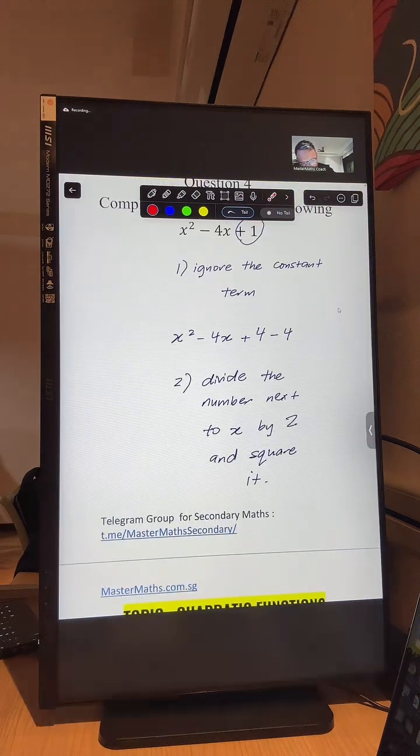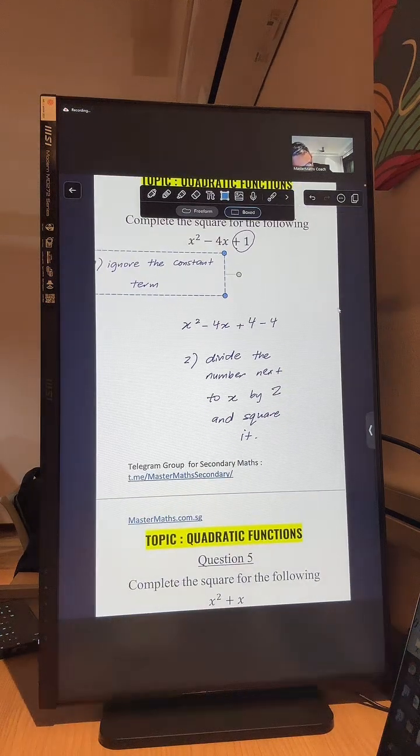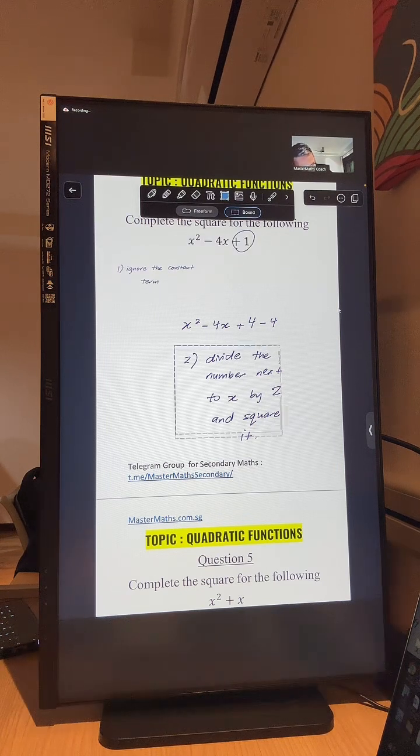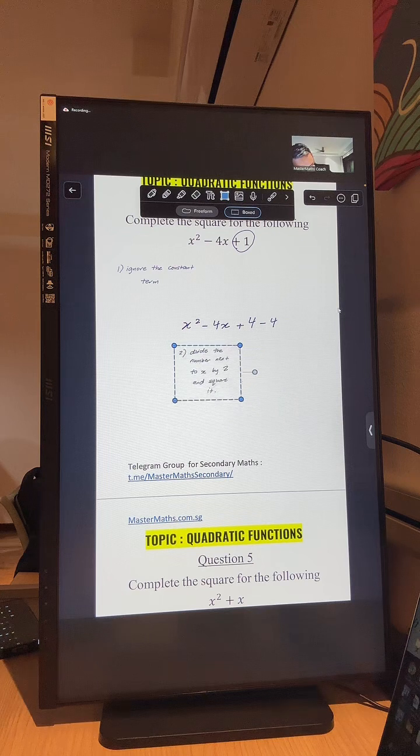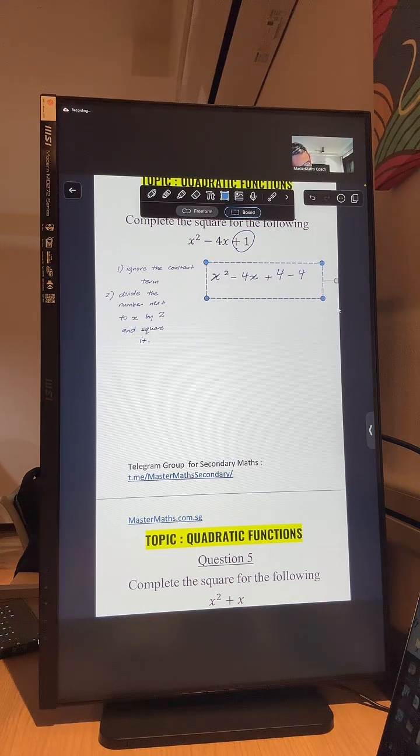Maybe I move the steps to one side so that it doesn't confuse you all. This is step number 1: ignore the constant term. This one is step number 2: divide the number next to the x by 2 and square it.